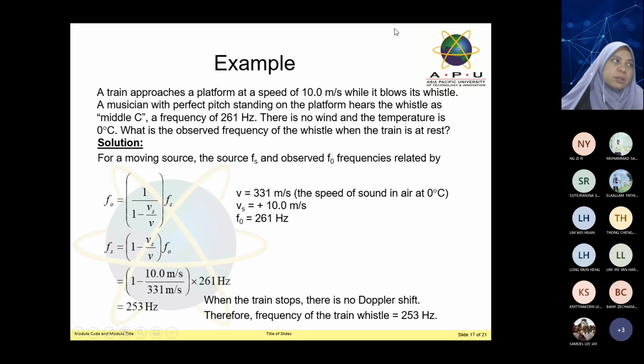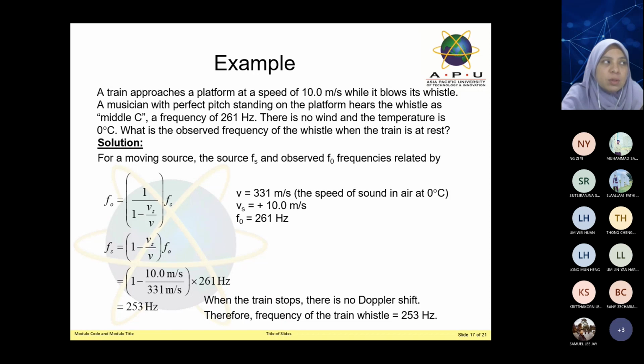So we look at this example. A train approaches a platform at a speed of 10 meters per second while it blows its whistle. Why need to blow the whistle? Because scared if there is someone near the train track, later die.